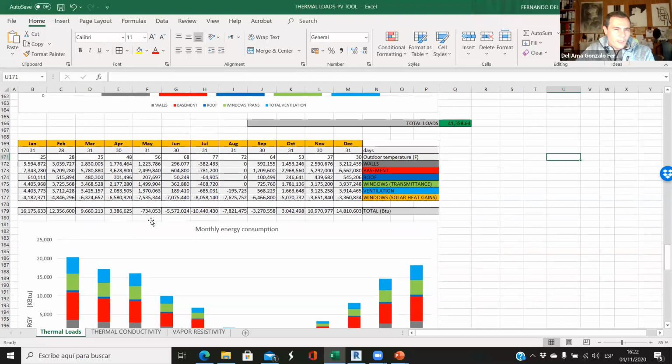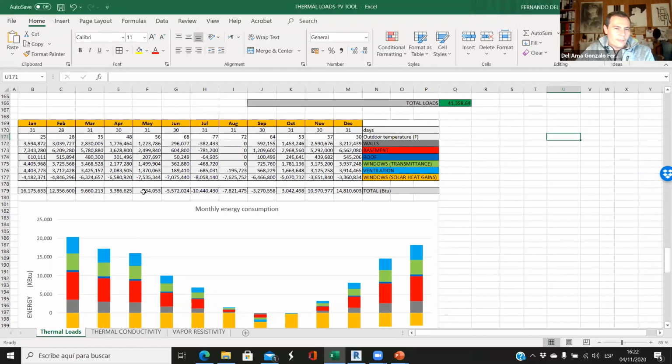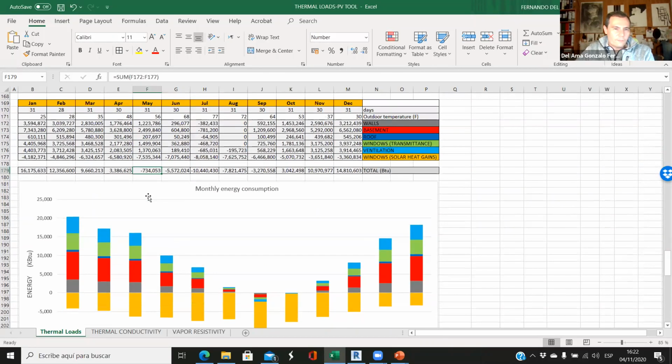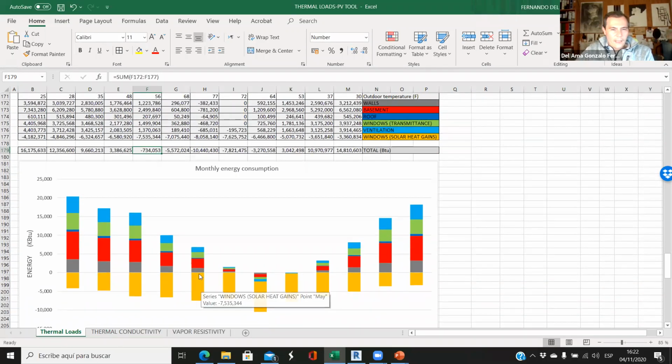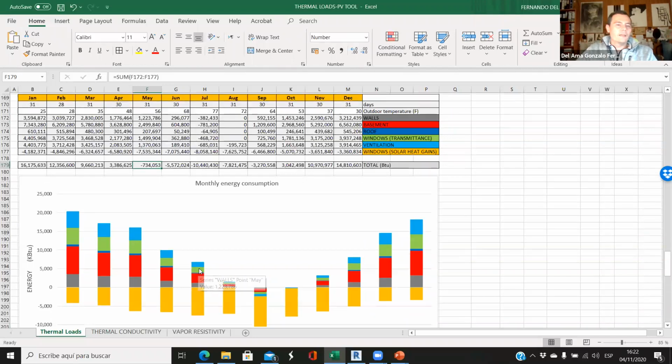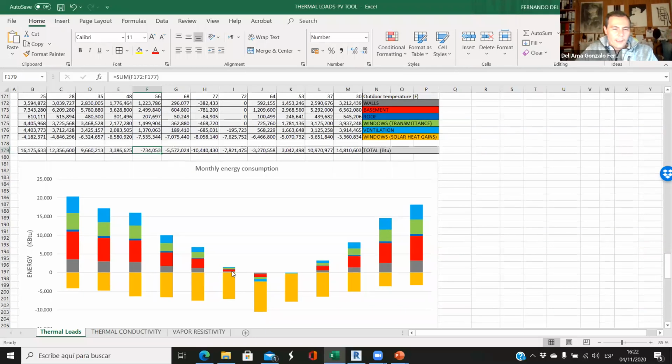In May, you see that it's negative 700. It's almost balanced. Okay, so in May, just by designing the openings well, we don't need any heating or cooling.